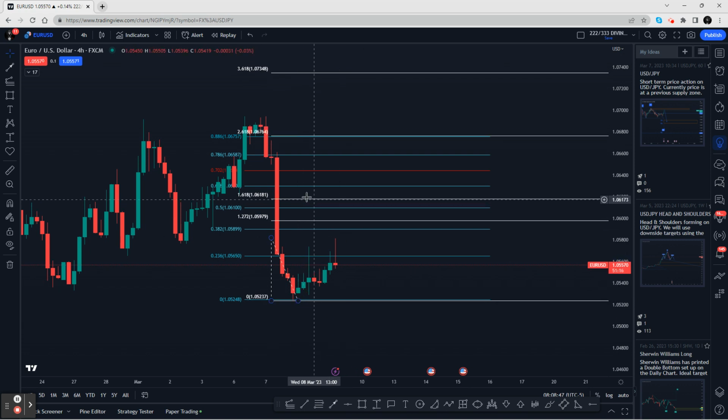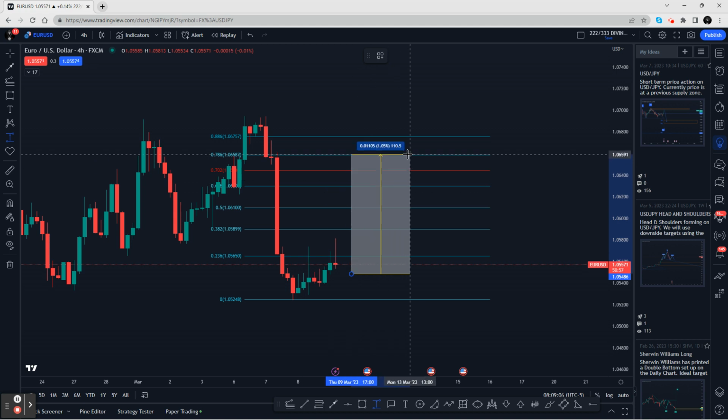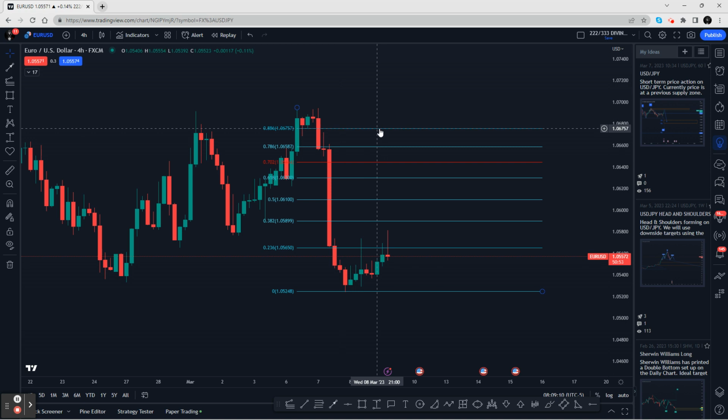This extension falls a little bit before the 61, but we know that these could be potential good gains. If we find any entry points, at least get to the 61. That's 81 pips from where we currently are. And if we violate this area and get back up into this area, that's 110. So it's worth looking at and seeing.